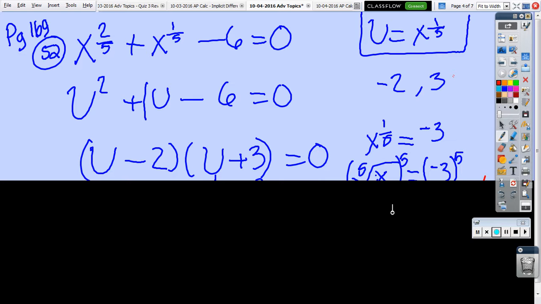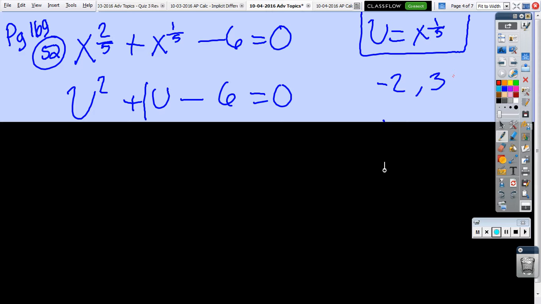Are we having one like that in the test? Yes. You'll have more than one. You'll have 2. But you treat them like quadratics. Don't let them confuse you. They're treated just like quadratics. I just don't know the rule for that. You let U be this guy every time. That's the rule.